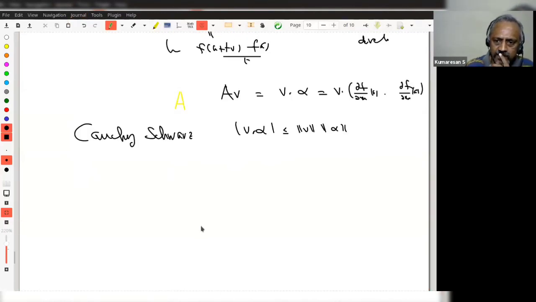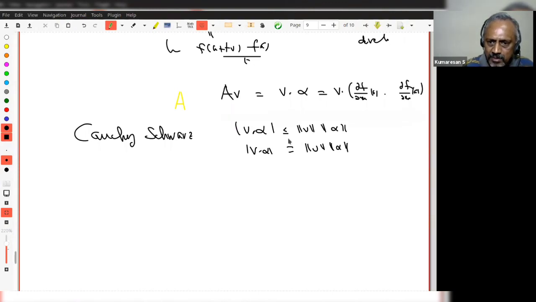You follow this? Now, therefore, what can be the possible maximum? Maximum is when the inequality becomes equality, because this is always less than or equal to this. Now, the Cauchy-Schwarz inequality tells you when equality holds.